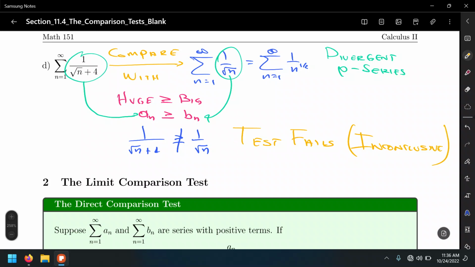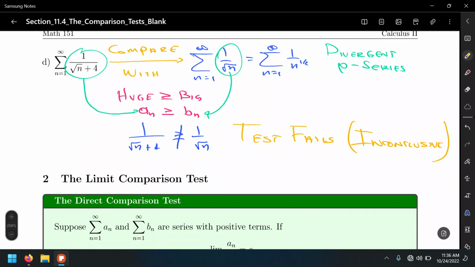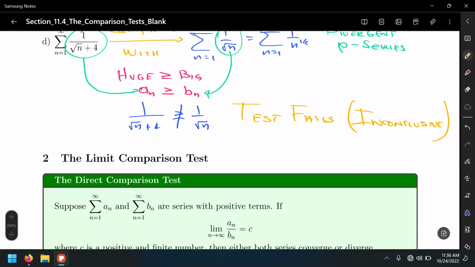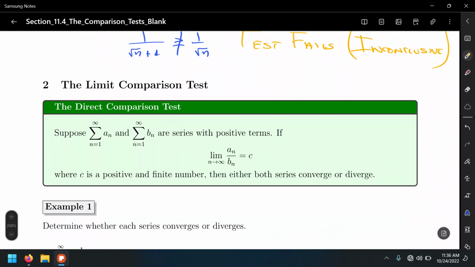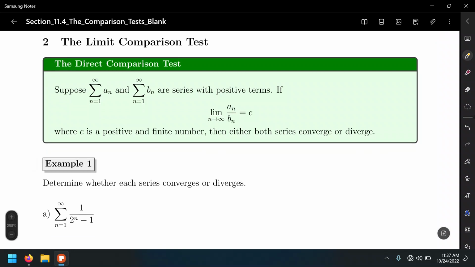Alright, so we have to go through a different test. Well, what would that test be? Well, potentially the integral test, make a crazy substitution for the given function, or the plan B for the direct comparison test. When the direct comparison test fails, that is, we're not able to show that tiny is less than small or that huge is greater than big, well, then we use the limit comparison test.